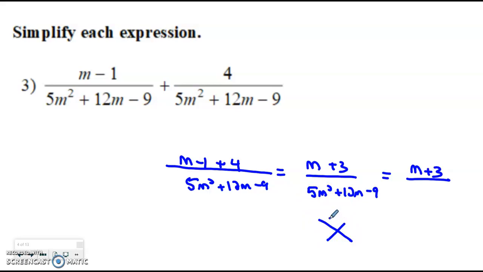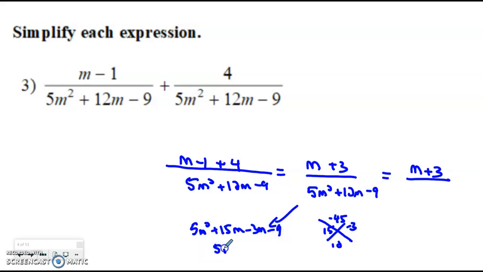We're looking for a product of negative 45 and a sum of 12. And that's going to be 15 and negative 3. So if I just look at this, 5m squared plus 15m minus 3m minus 9.